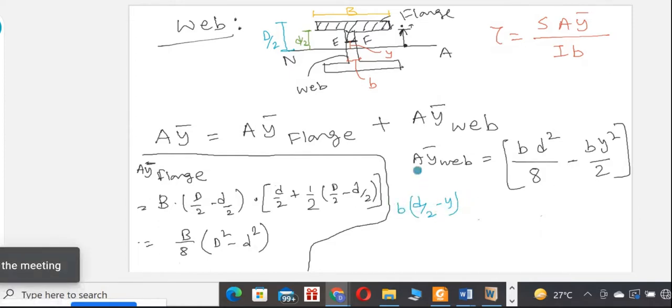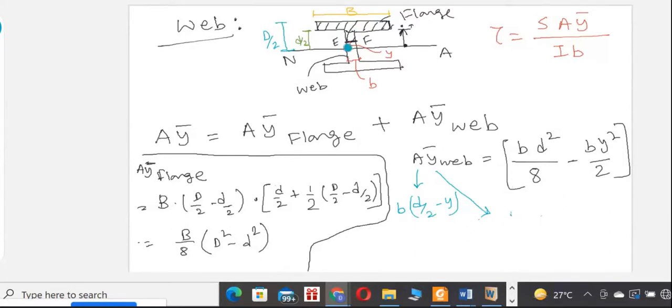So this is the area. And what about this y bar? So d by 4 plus y by 2. We can deassemble it a little bit for everyone's understanding.